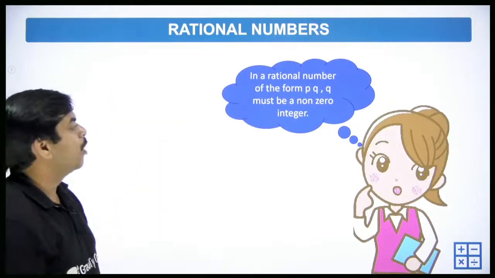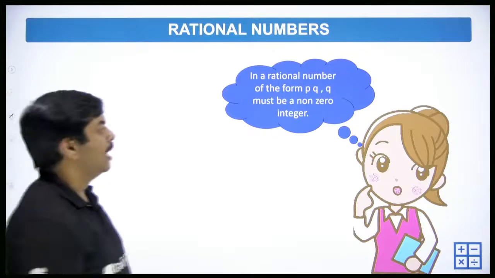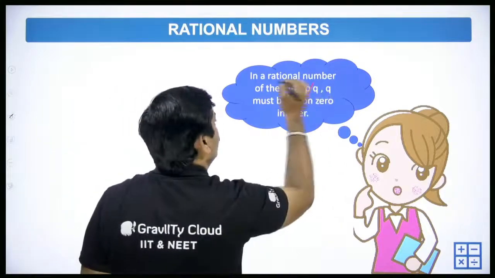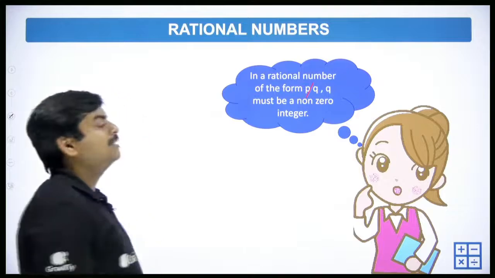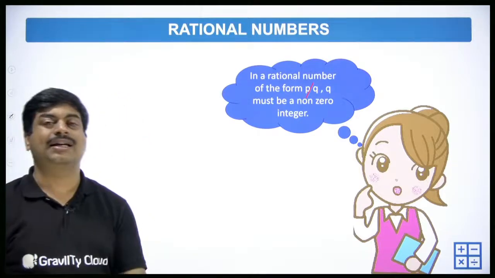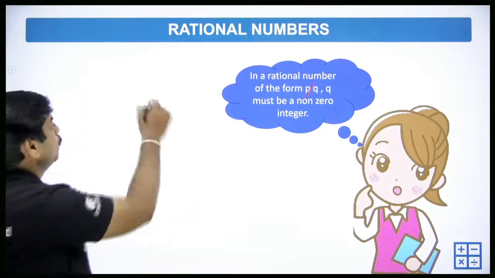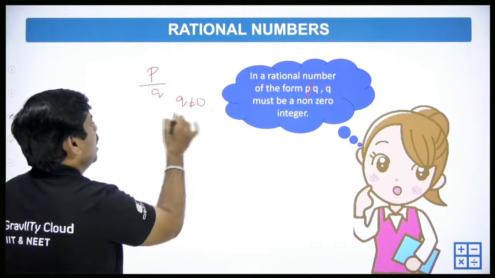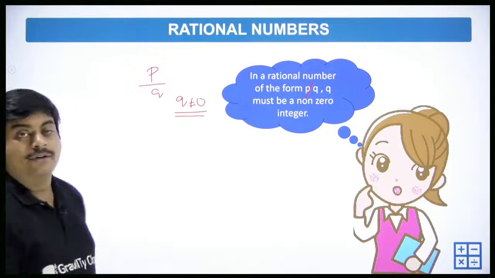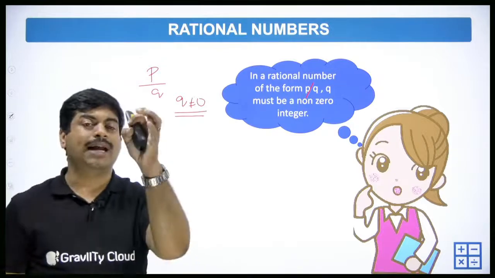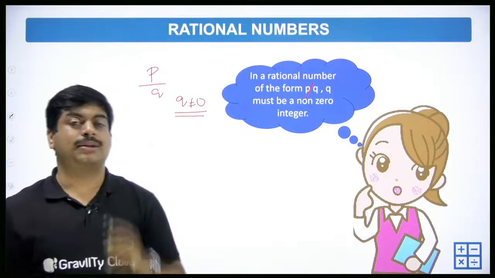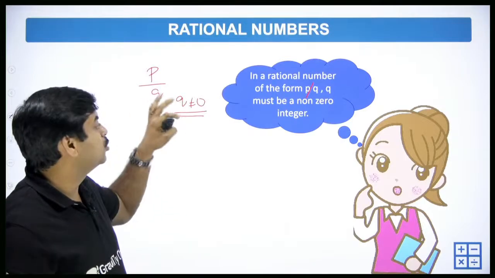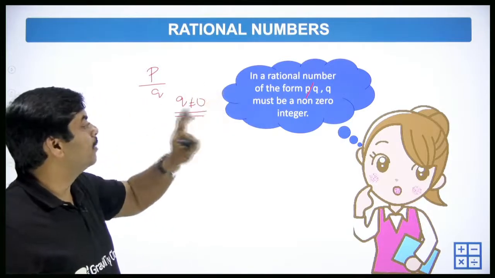So moving ahead, in a rational number of the form p by q, q must be a non-zero integer. Yes, exactly correct. In p by q format, q should not be zero. When we are talking about rational numbers, both numerator and denominator should be integers, and the denominator should not be zero.